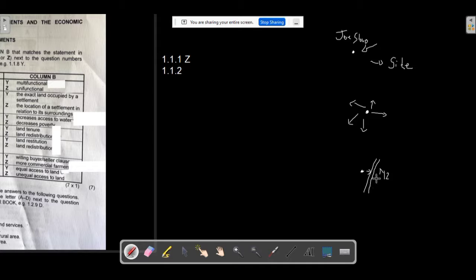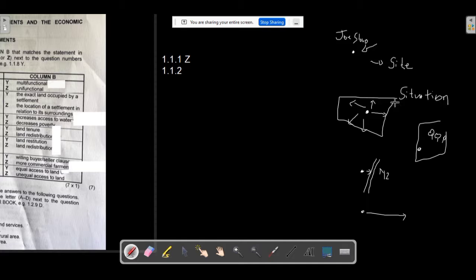I'm close to the N2, or maybe I'm far away from somewhere, or right next to a forest. So it's always relative. What is close to you? What can you access? It always has to be in relation to the surroundings. That is what we call situation, whereas site is the exact location.